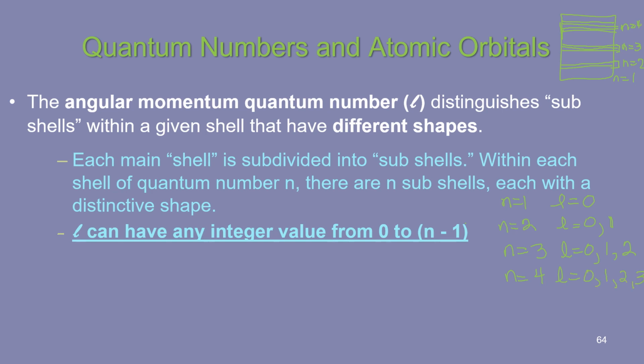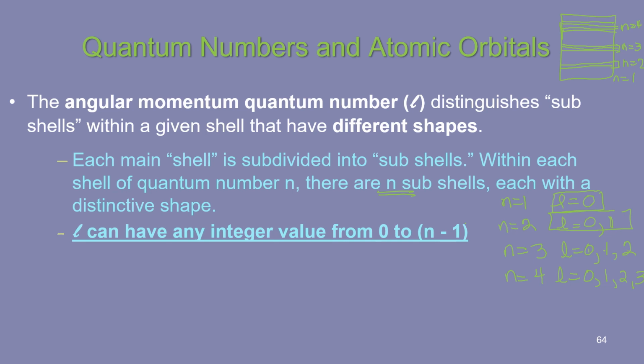So now you can see why there are n subshells. On the first shell, there's only one subshell where L equals 0. On the second shell, there are 2 possibilities for L, 0 and 1, so there are 2 subshells. On n equals 3, there are 3 possibilities for L, so there are 3 subshells.